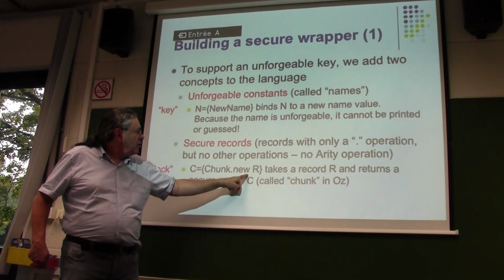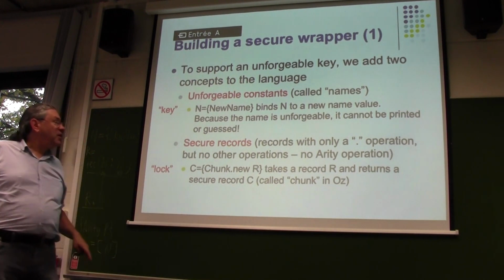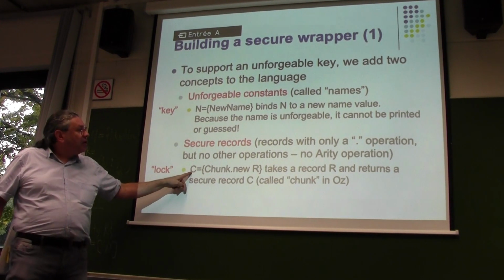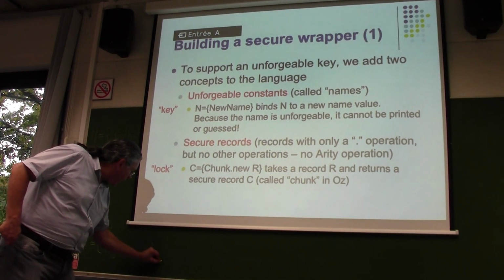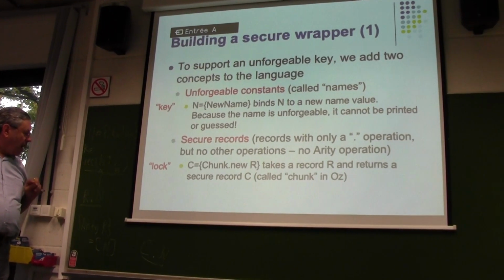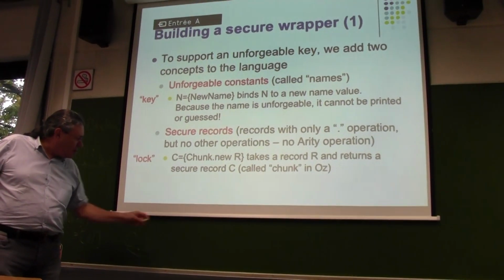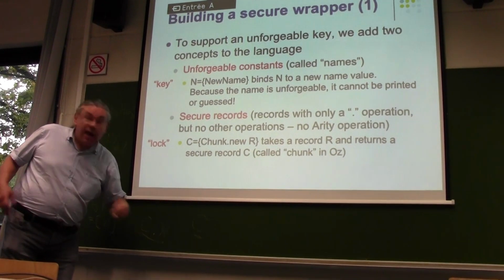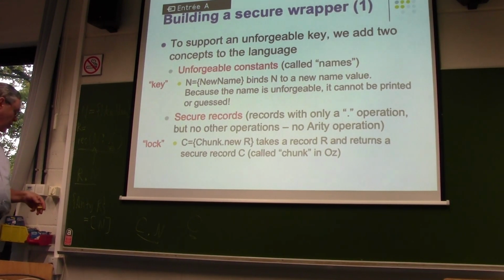Chunk.new takes a record and returns a secure record C. And with C, I can do C.N. If I do C.N, then I access X, but I cannot do arity. So this is completely protected. If I only know C, I have no way of accessing the internals.